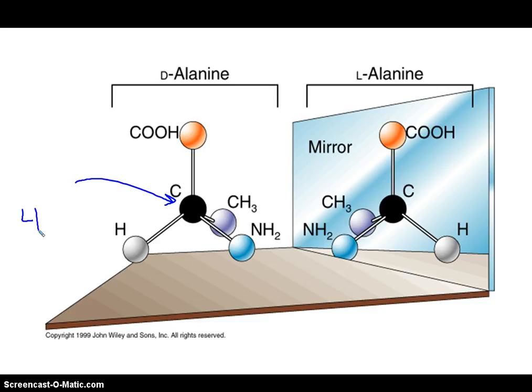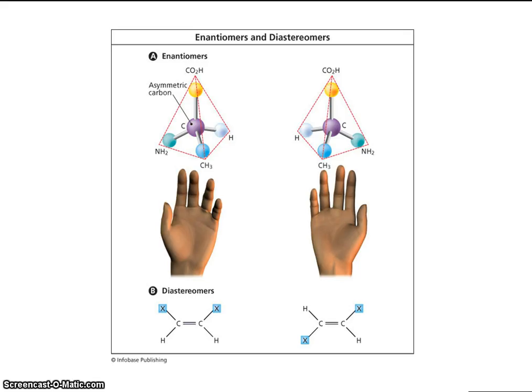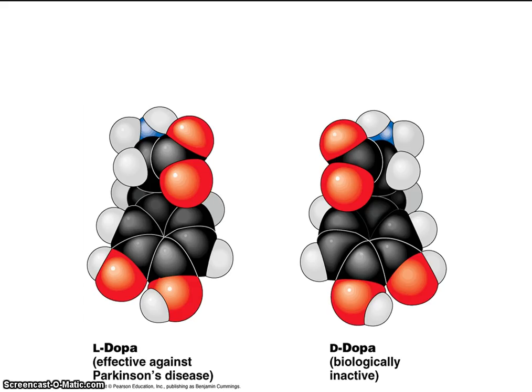In class, we'll play with models a little bit, so hopefully that'll make more sense. Here's another picture. If you look at your hands, it's hard to place one hand on top of the other, back of hand to palm, but if we go palm to palm, the thumbs will match up, and we can get mirror images of each other. That's going to become important because, as I said before, a lot of the biological molecules are like this. So here is L and D dopa.